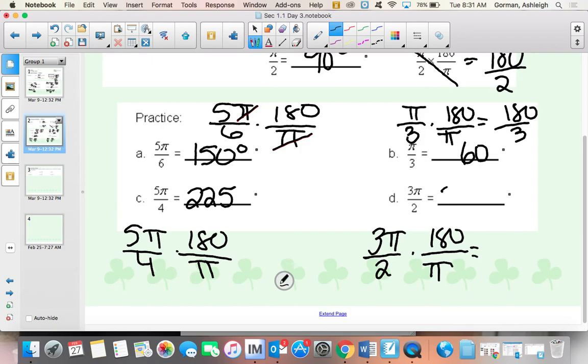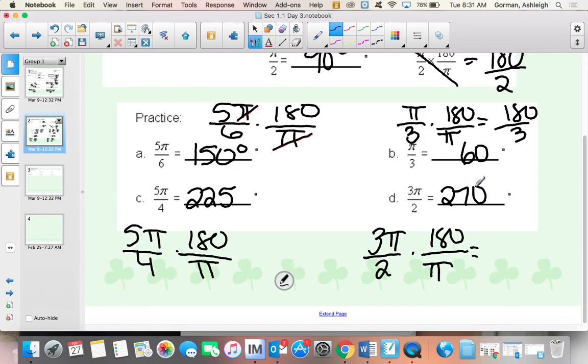That will give me 270 degrees. Pretty straightforward with conversions. All you have to do is remember 180 over pi and pi over 180.